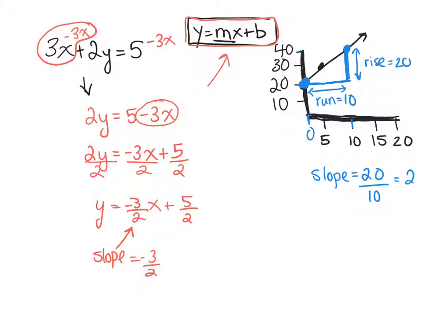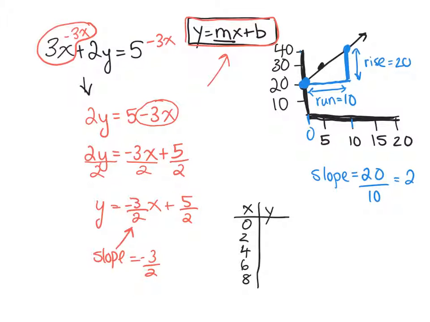And then also, you could find it from a table of values if you needed to. So from a table of values, let's just say you had just x and y in your table. And let's say x's are like 0, 2, 4, 6, 8.